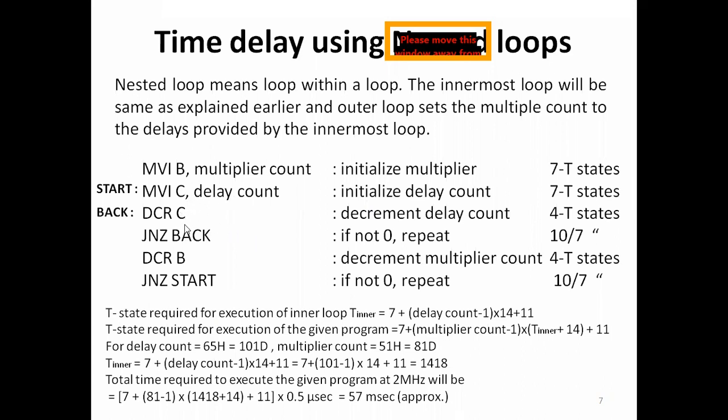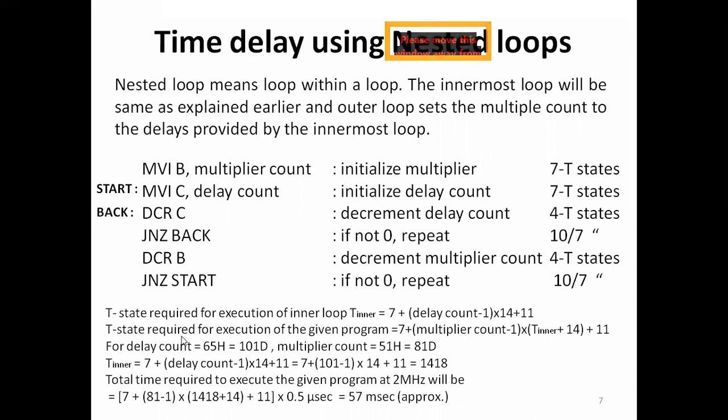The total time taken by this set of lines, MVI C, decrement C, jump on non-zero, will be 7 plus (delay count minus 1) times 14 plus 4 plus 7, the last loop, that is 11. So this is how we are going to count the value of the inner loop.